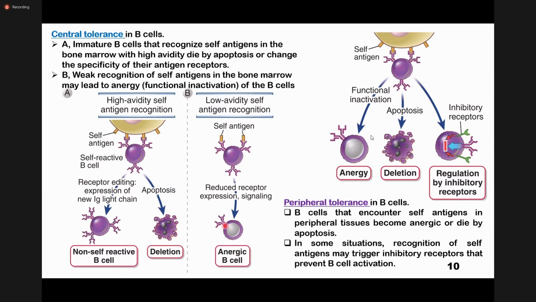Now, in peripheral tolerance, as the mature lymphocytes come in contact with the self-antigens, they either have functional inactivation, that is anergy, or deletion, or regulatory inhibitors. So this is the three ways. I mean, two types of tolerance: B cell and T cell tolerance, and central tolerance and peripheral tolerance.